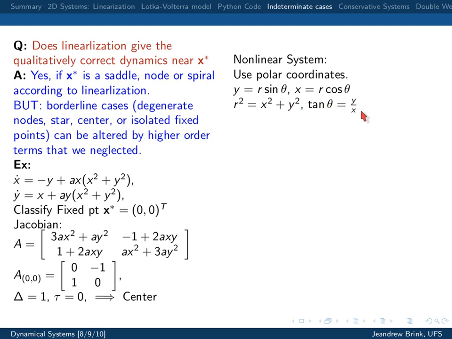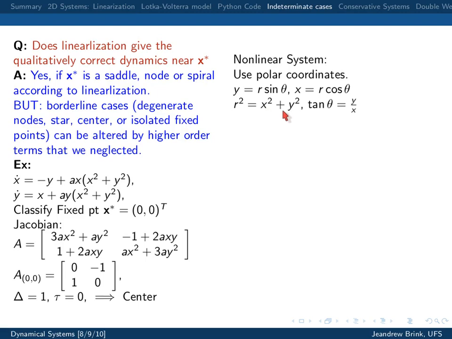Okay, so my reason for guessing polar coordinates is because I saw this x squared plus y squared term. If in both equations I'd seen an x squared plus, say, 4y squared term, I would have chosen elliptic coordinates. Okay, I would have chosen something that would basically have had a 2 over there, so that when I work this thing out, I have the x squared plus 4y squared coming in.